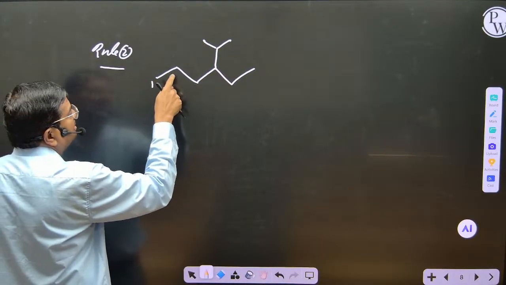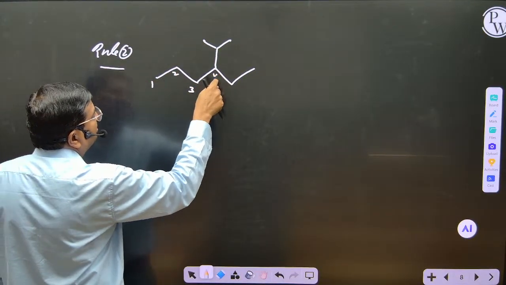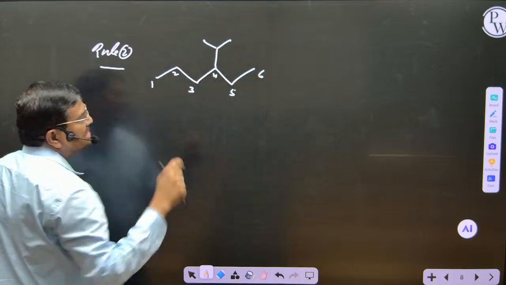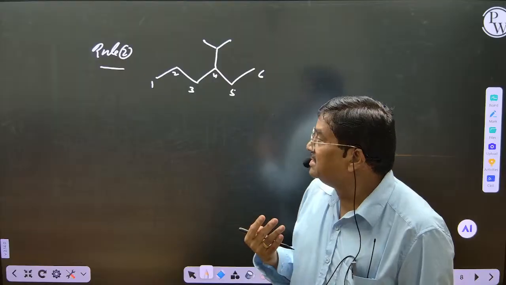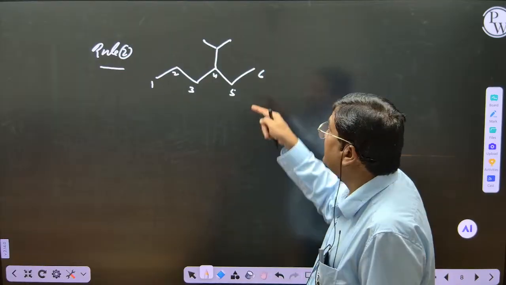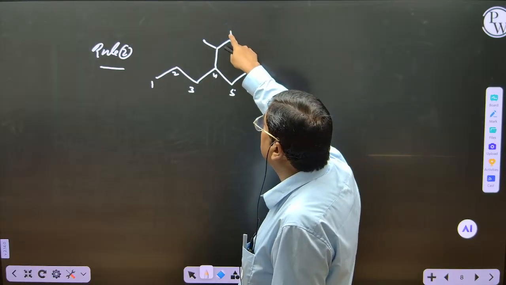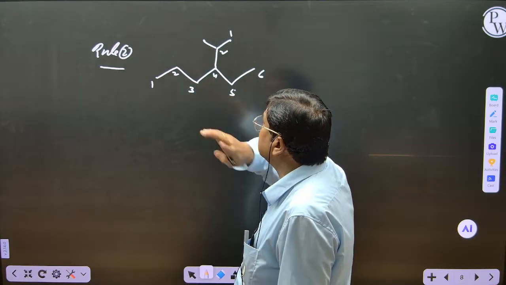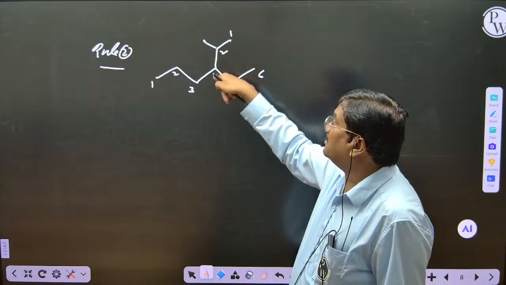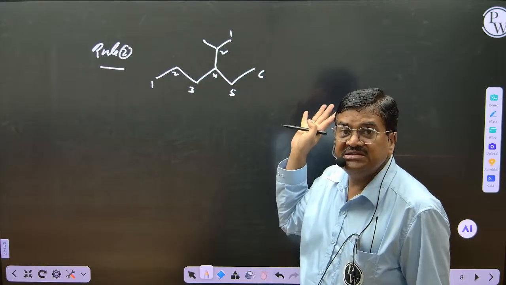Count 1, 2, 3, 4, 5, 6. Correct? Going straight, I am getting 6. Now any other possibility to get more than 6 you have to see. If I come from here, 1, 2, 3, 4, 5, 6. So if I come from the top also 6, going straight also 6.